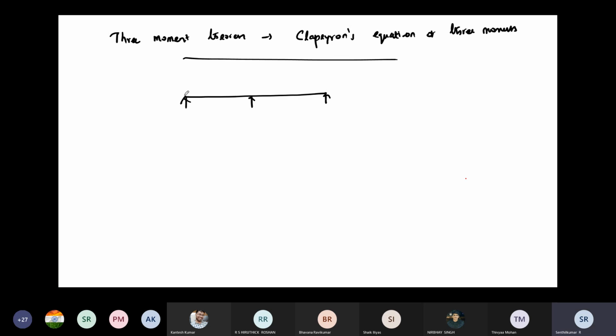When you look at the loaded displacement shape, it will come like this, go like this, come like this, and go like this. At the mid of the span, we have a sagging portion.